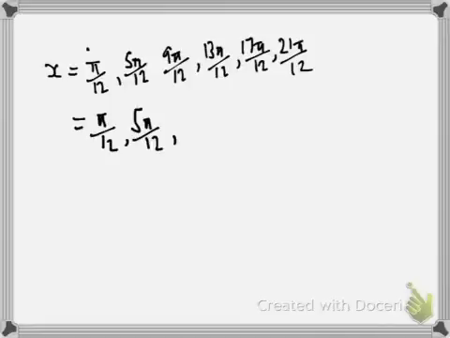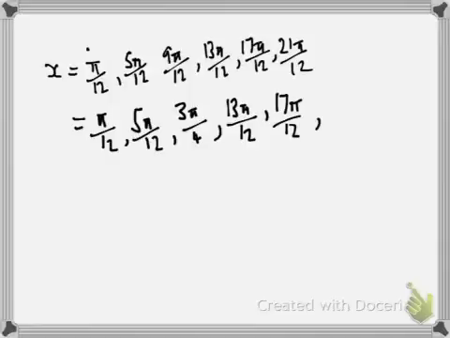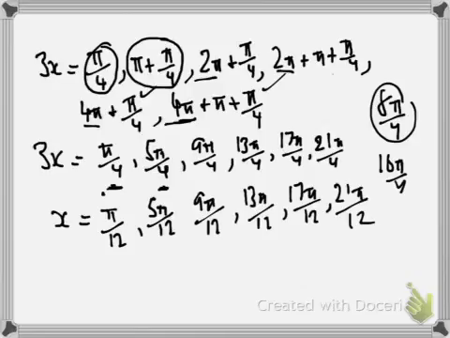Divide both by 3, we get 3 pi on 4. 13 pi on 12. 17 pi on 12. And the last one, we can divide 3 into both of those to get 7 pi on 4. There's our answer. Let's review.